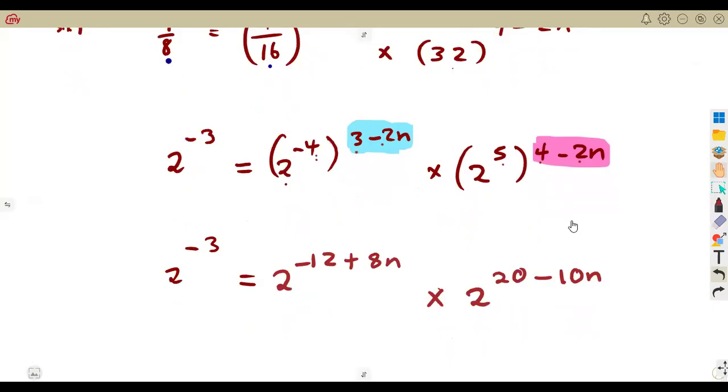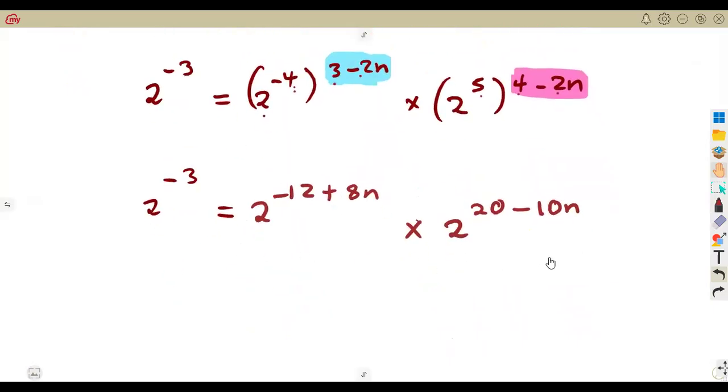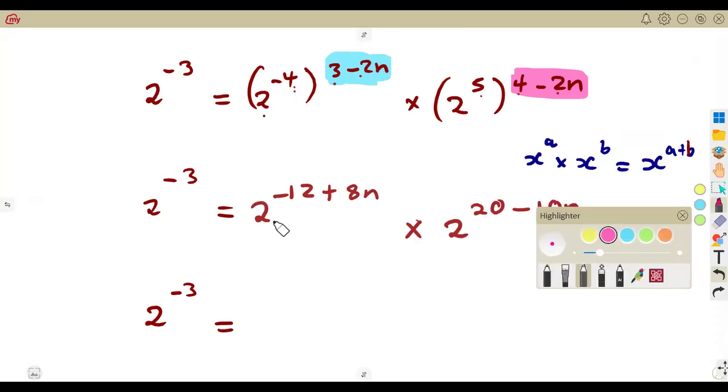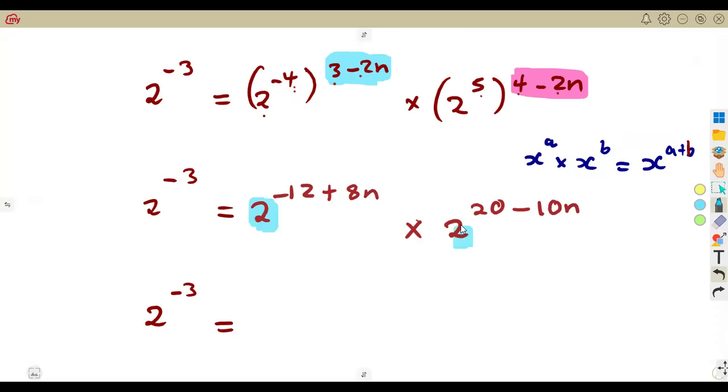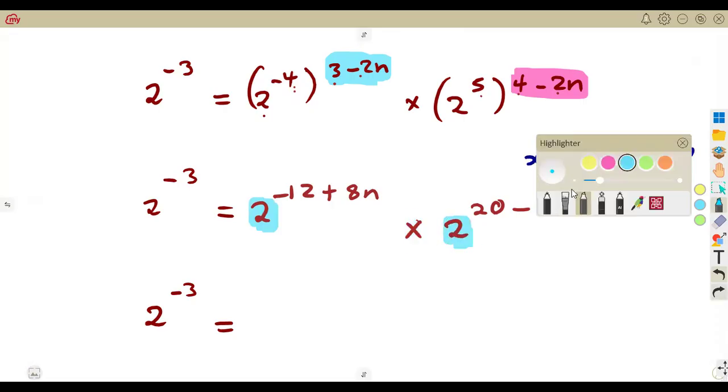If you are multiplying now, like what we have here, where the bases are the same, you add the exponents. x to the exponent of a, when multiplied to x to the exponent of b, the law states that you add exponents. So meaning to say it is going to be 2 to the exponent of minus 3 is equal to, because of the same base under a multiplication, that is why we have to add the exponents.